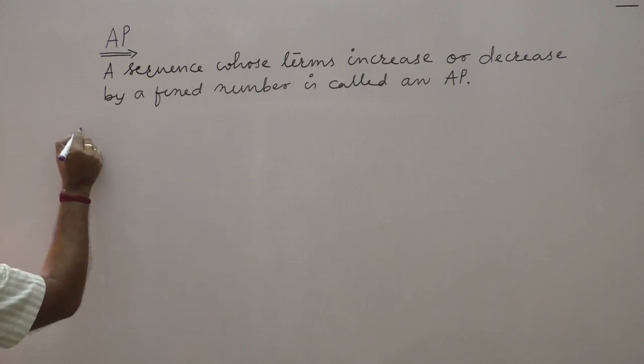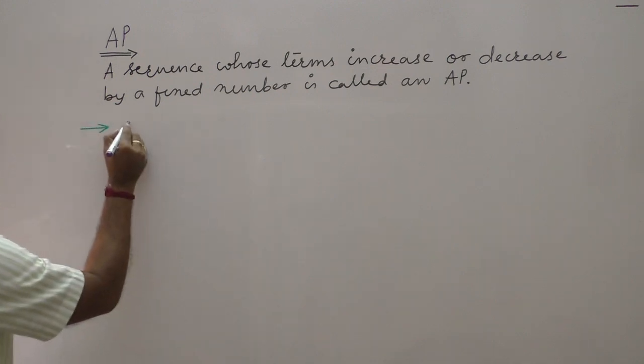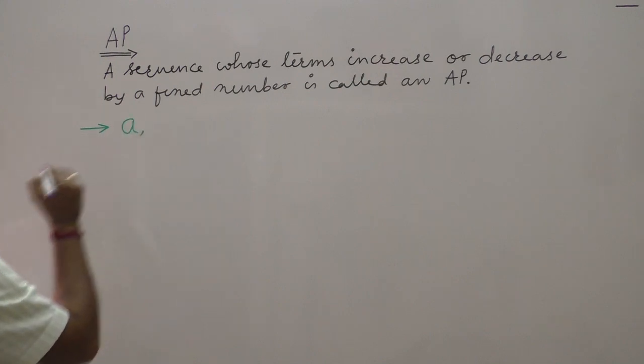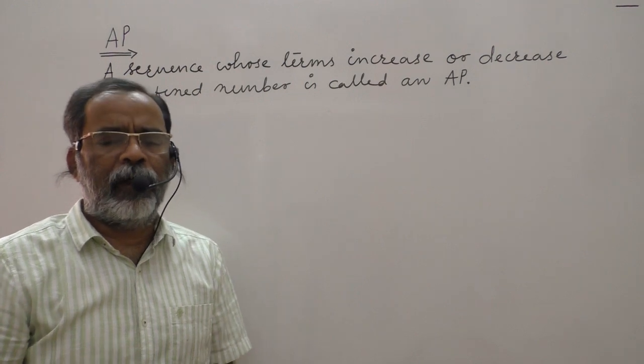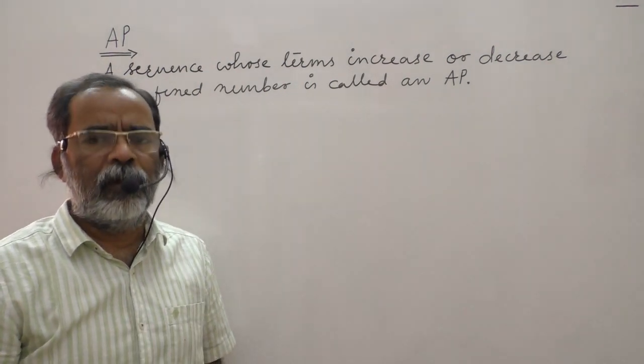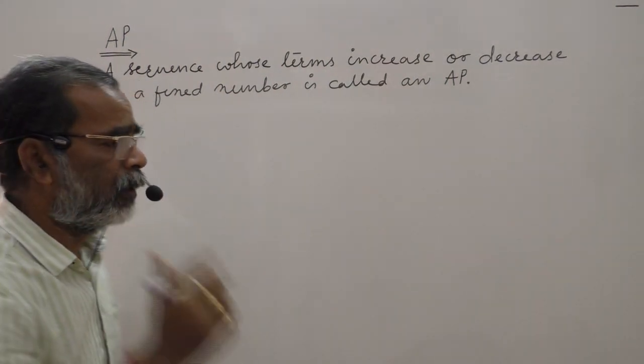Generally, we will denote AP like this. If you take a term A, say this is the first term, then for upcoming terms, they will either increase or decrease by a fixed number.